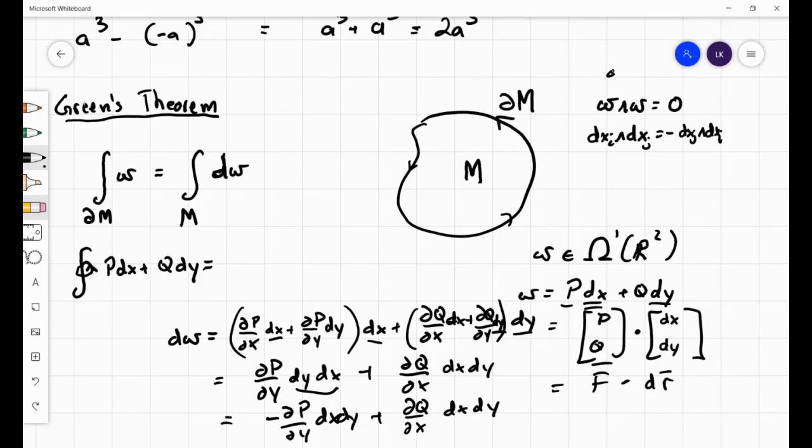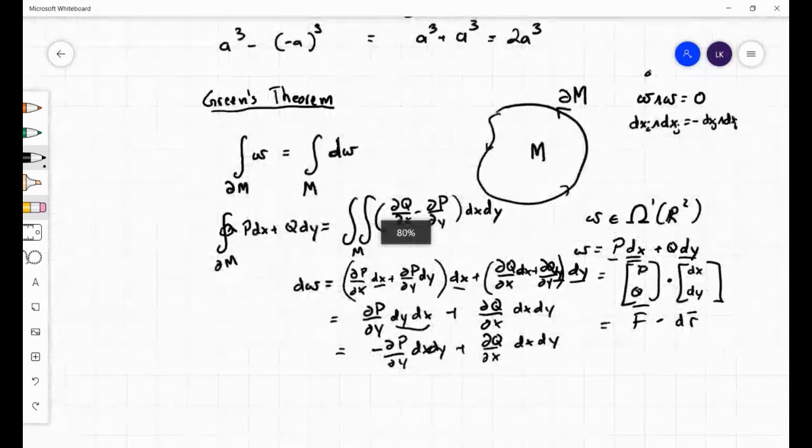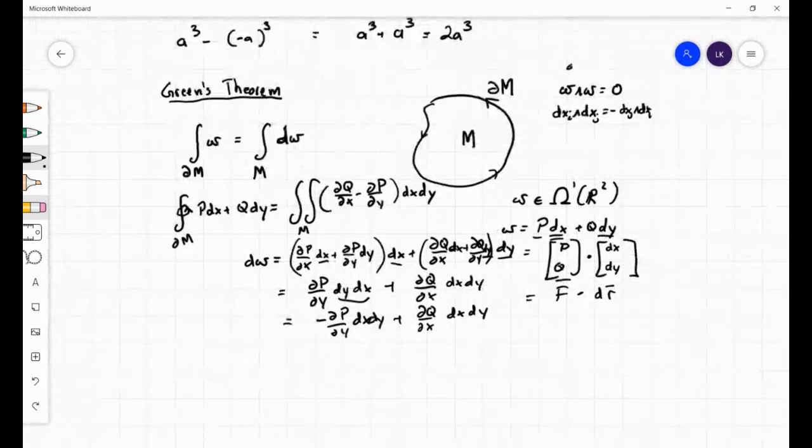Okay, so putting that together, you get the well-known Green's theorem, where this would be partial of q with respect to x minus the partial of p with respect to y, dx dy. Okay, so that's Green's theorem. Maybe we can do an example.